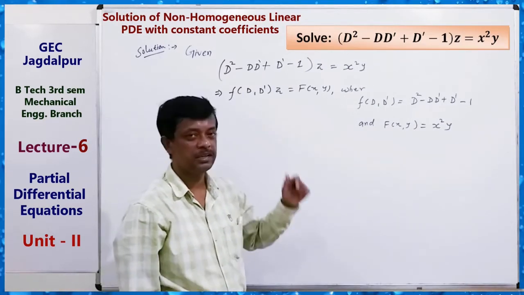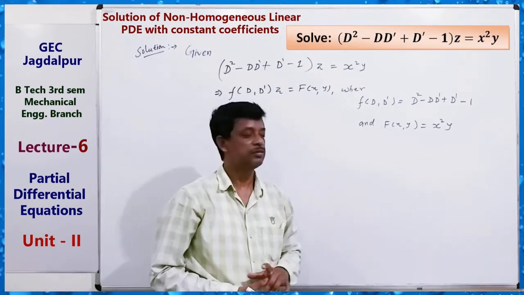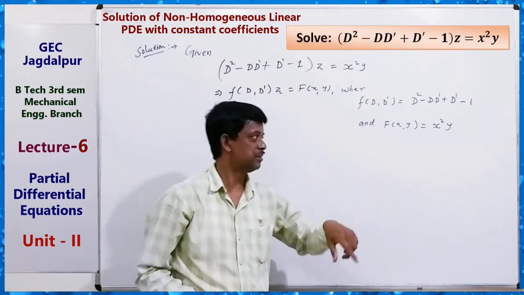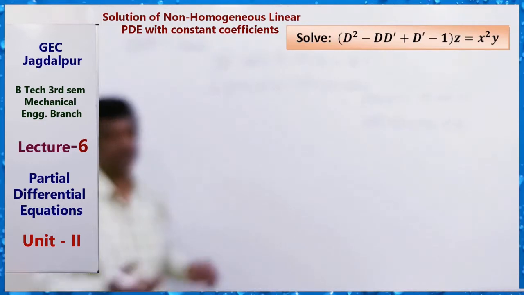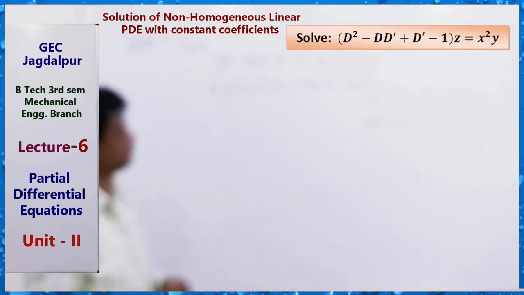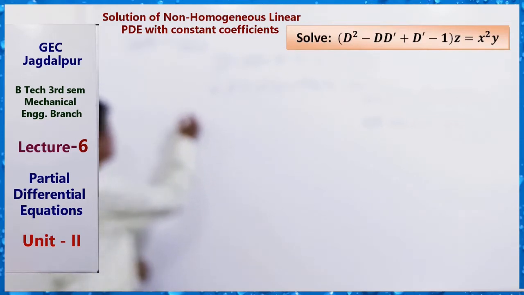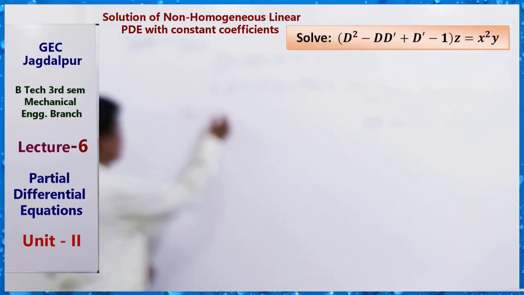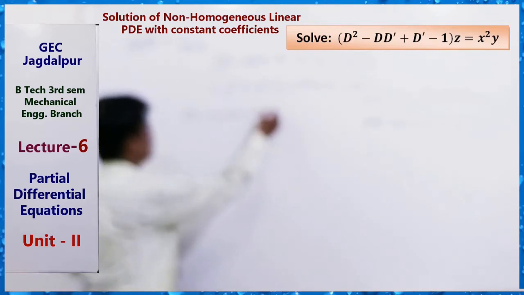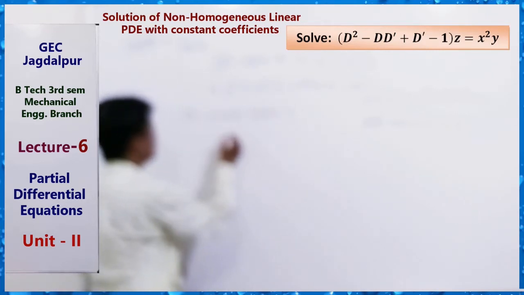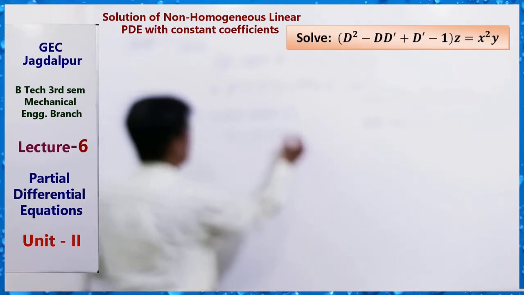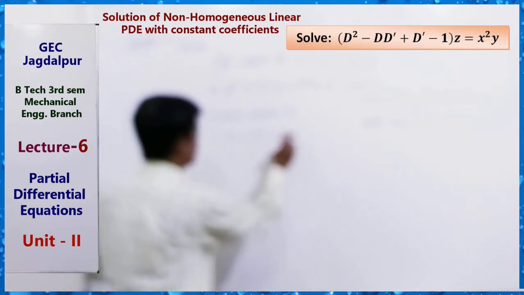So for PI you have to express by binomial expansion 1 by F(D, D dash). So that is for PI. For CF, the complete solution is what? Z equals to CF plus PI. Clear?